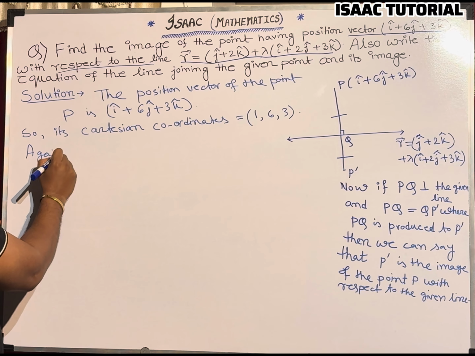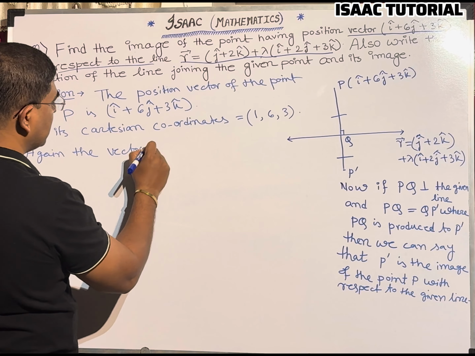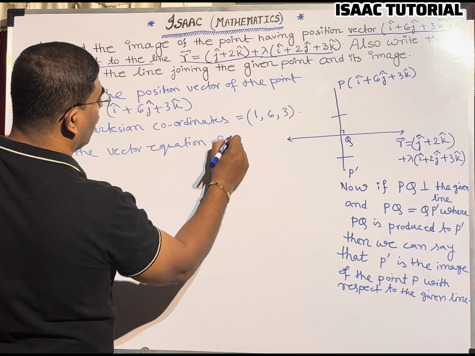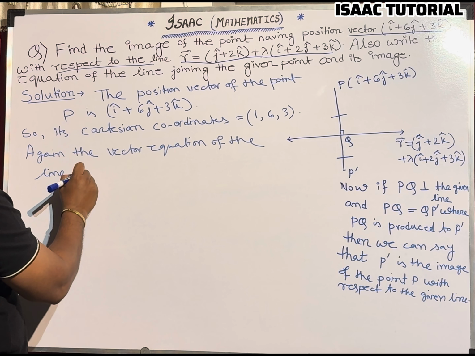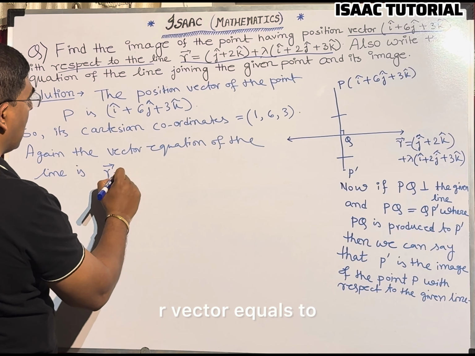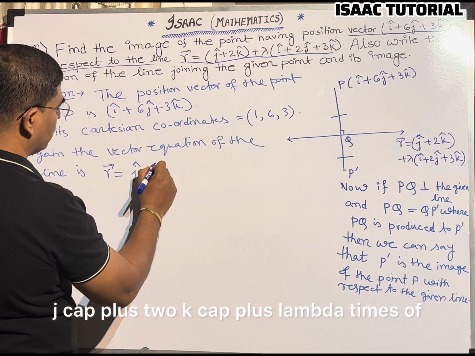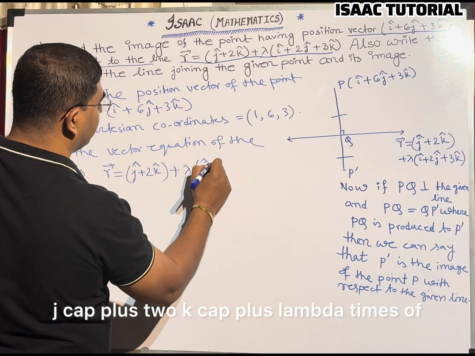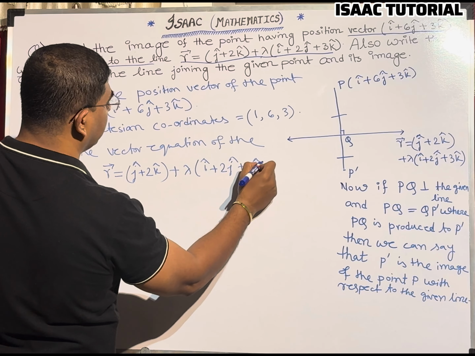Again, the vector equation of the line is r vector equals j cap plus 2k cap plus lambda times of i cap plus 2j cap plus 3k cap.